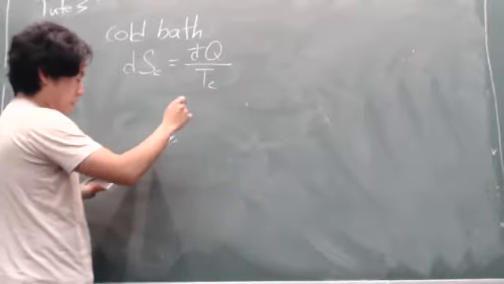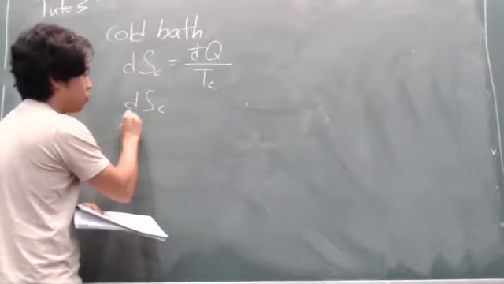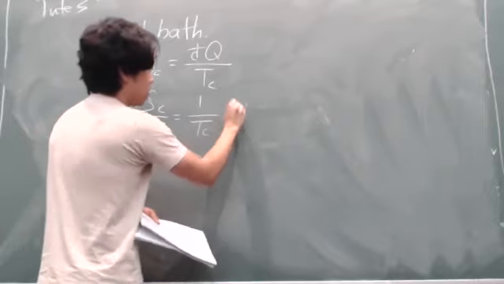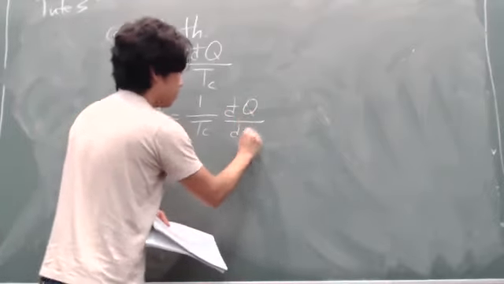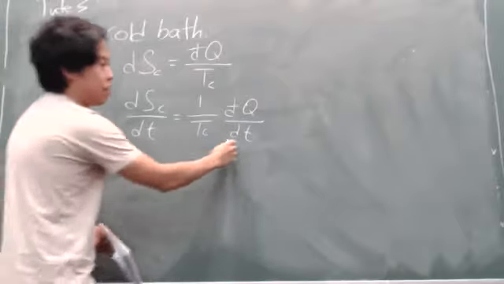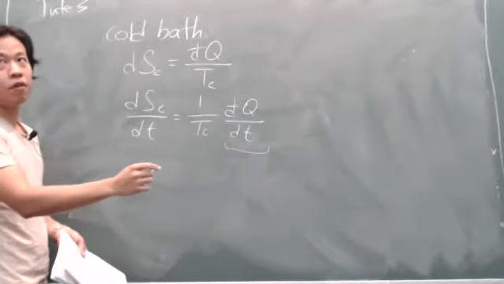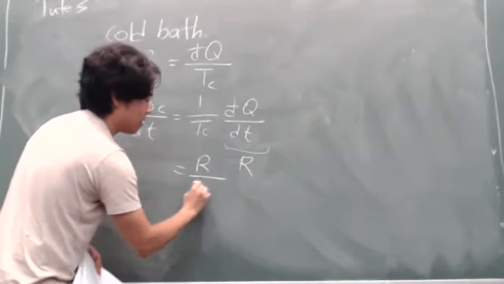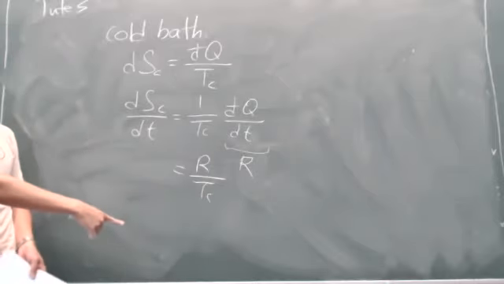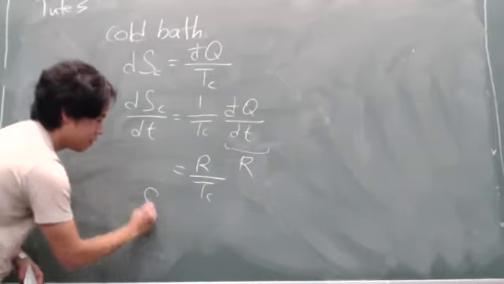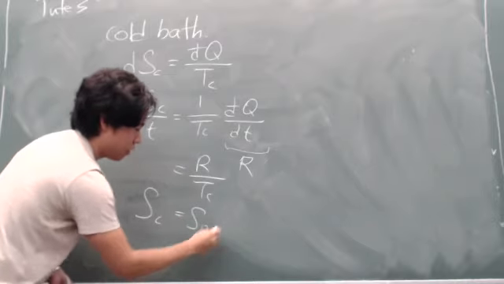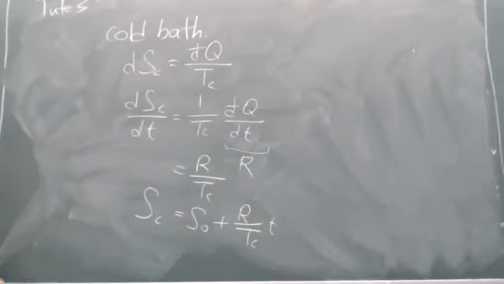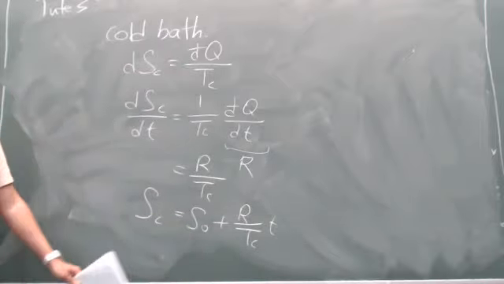So you can think about the change in entropy with respect to time: dS cold dt equals 1 over T cold times the change in heat over time. And this change in heat over time is exactly the rate of heat flow, which we defined as R. So this is just R over TC, and these are both constant. So if you want to find S, SC will change from some initial entropy plus R divided by TC times time, because both R and TC are held constant.